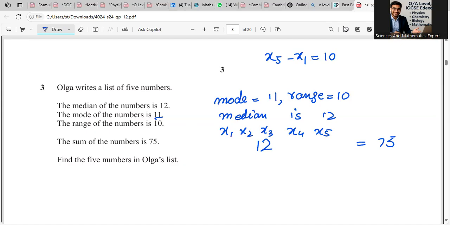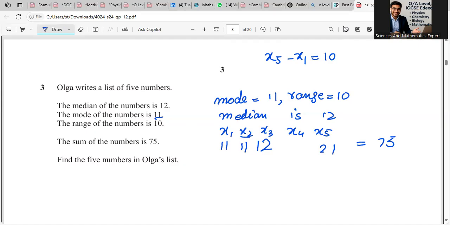My most repeating term is 11, and the median is 12. I am taking x1 as 11, then I can calculate x5, that is 21. Now 12 can be taken for x3, and for x2, the most repeating term, the mode, will be 11, to make this repeating term.